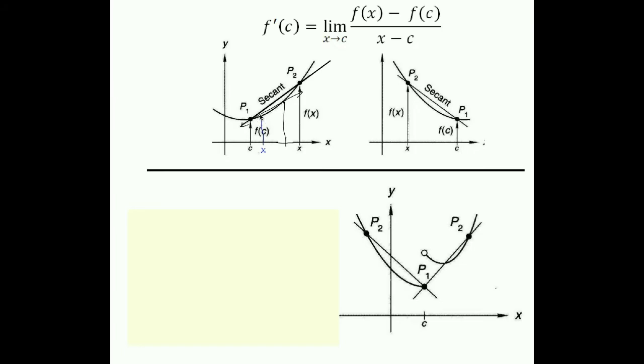So here's the y value right there. The secant line looks like this, which looks even closer to the tangent line. And so what we do is we use that secant line, but to find the slope of the tangent line, which is the derivative, it equals the limit as x approaches c of f of x minus f of c over x minus c.